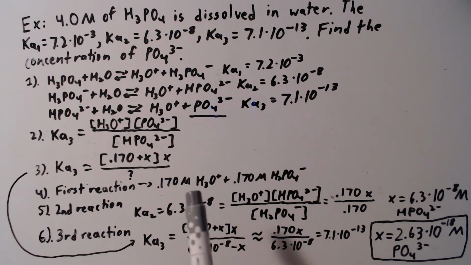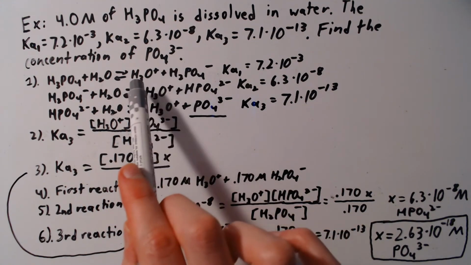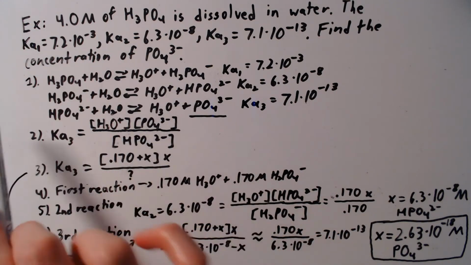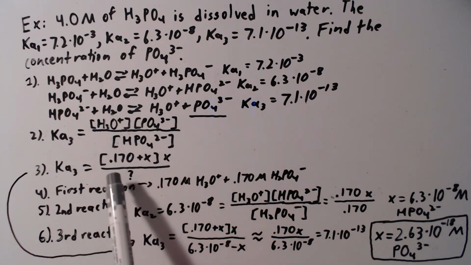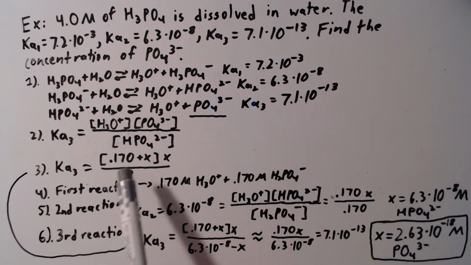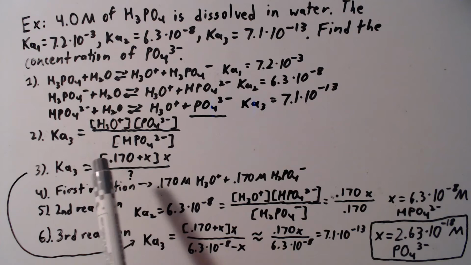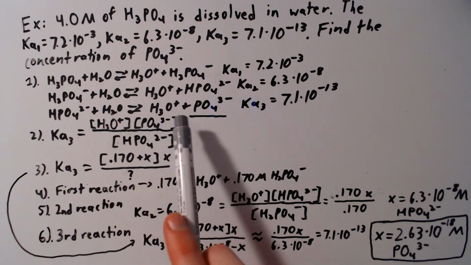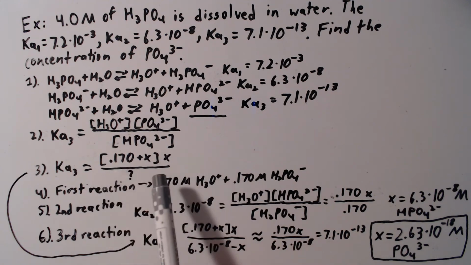So we can use the H3O+ concentration we calculated from the first problem, 0.170 molar, as our initial H3O+ concentration before this reaction goes through.